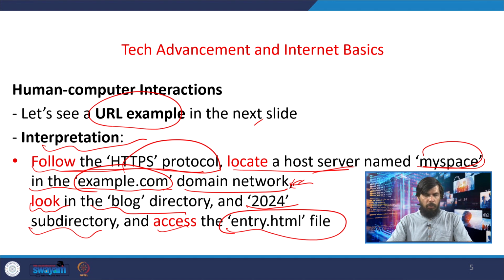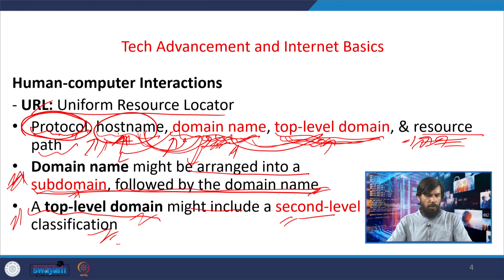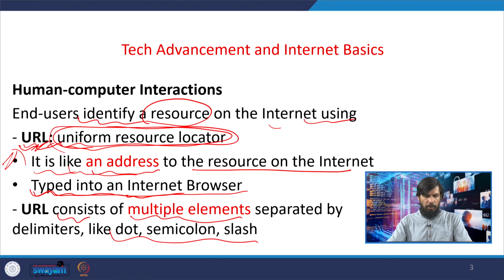So, the end user needs to specify this whole URL in the browser to be able to access that resource. End users identify resources on the internet using a URL, so this whole URL is needed. In case the URL is not known, that is where the search engines come in, right.